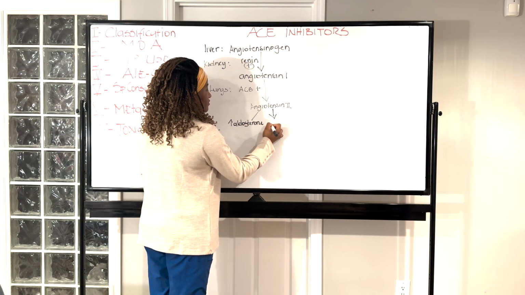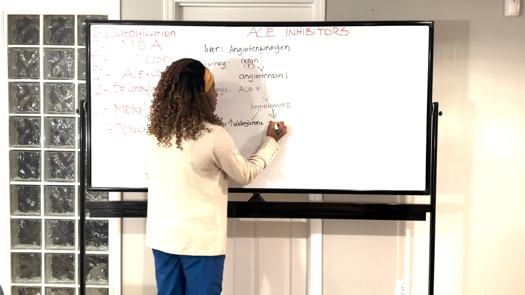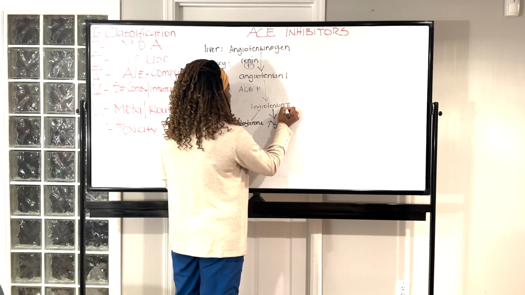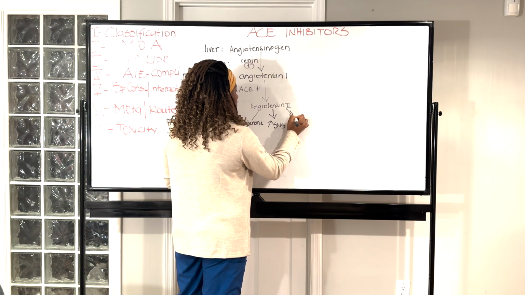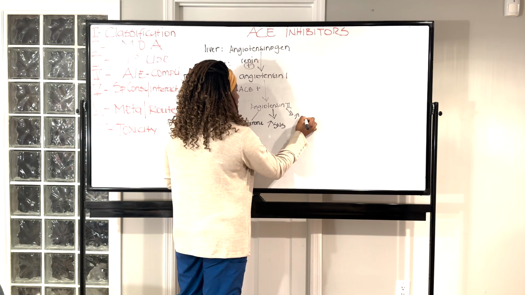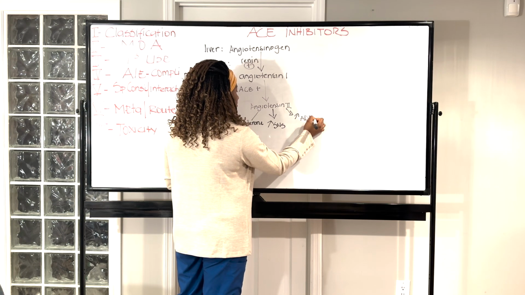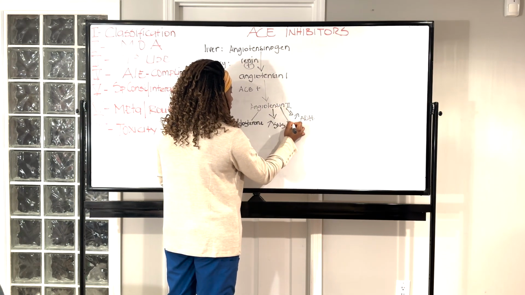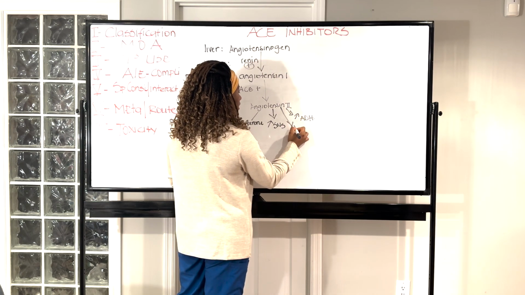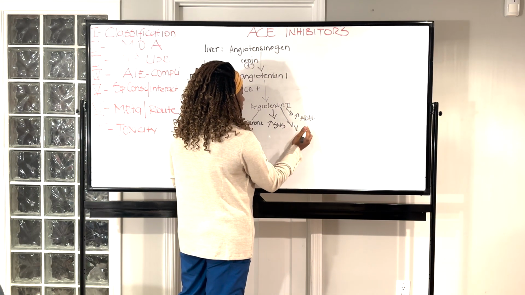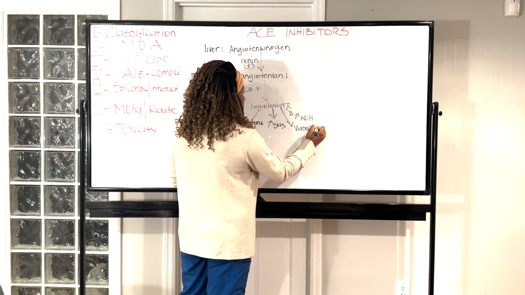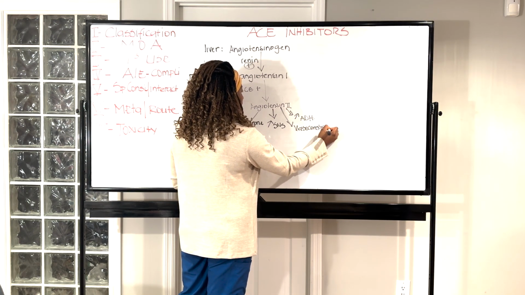And it's also going to increase the sympathetic nervous system outflow. It's going to be increasing the release of antidiuretic hormone. And angiotensin 2 itself is going to be a powerful and potent vasoconstrictive hormone.